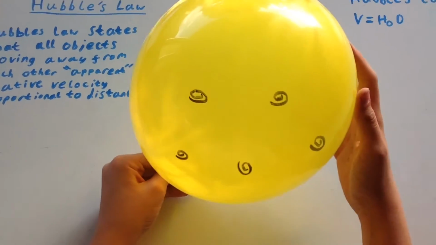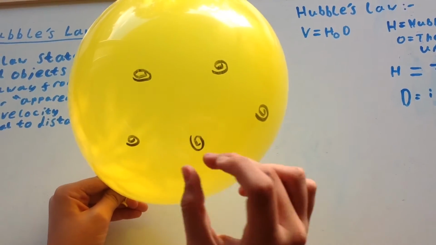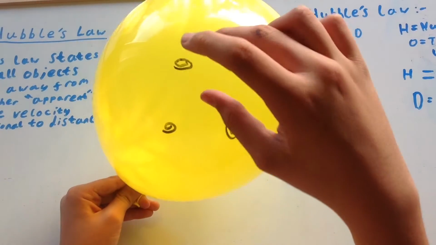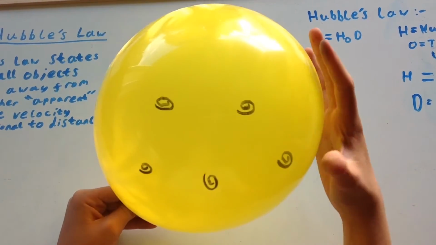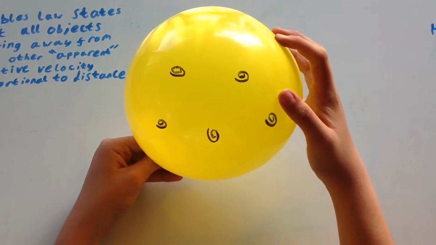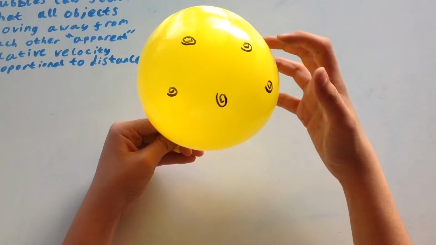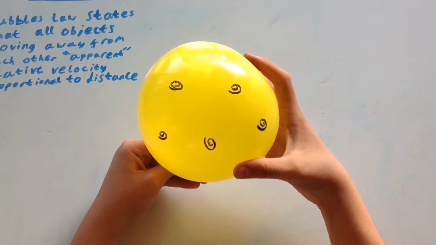This is as much as I can blow up the balloon now, and you can clearly see the differences in the distances between the galaxies, between the very small size, which was here, and what it was before.